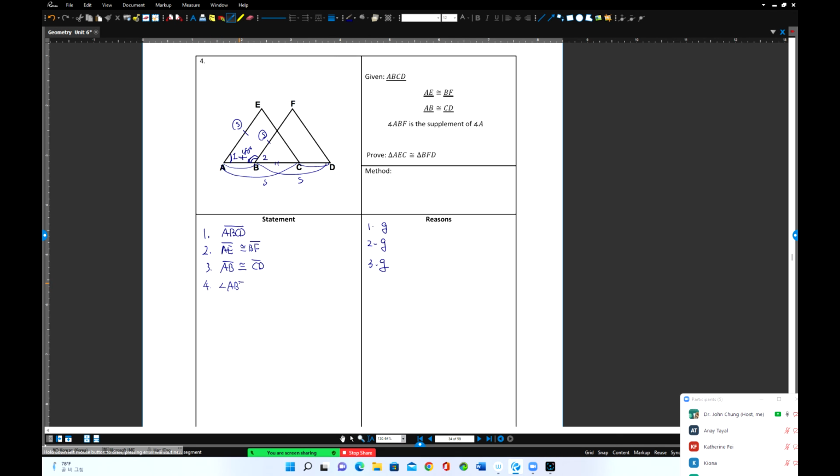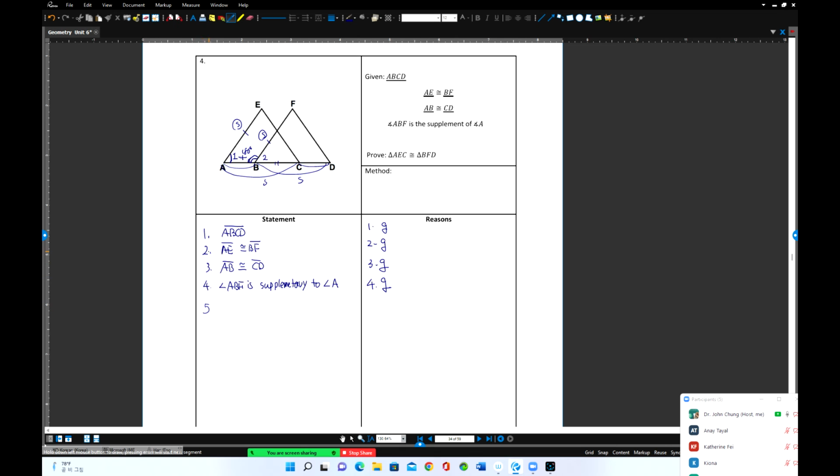Angle ABF is the supplement of angle A. You can write down that it is supplementary to angle A, okay? Another one, this is given.